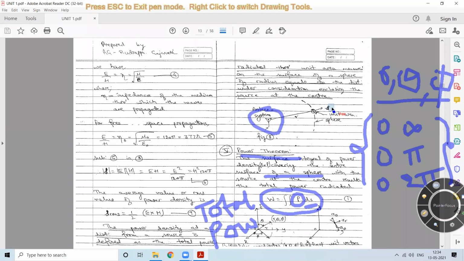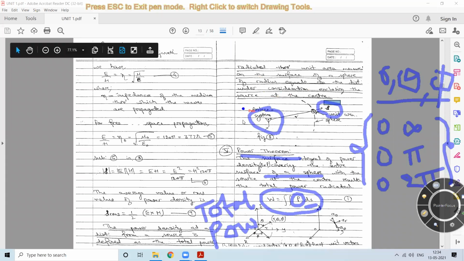Through a small unit area, I am getting a power flow. If I consider the entire sphere, I have to take the surface integral of this factor. When I take the surface integral, I'll get the total power which is being radiated by this antenna.